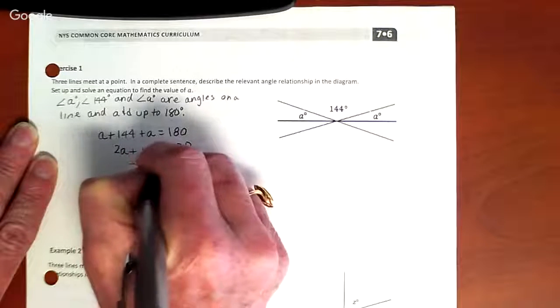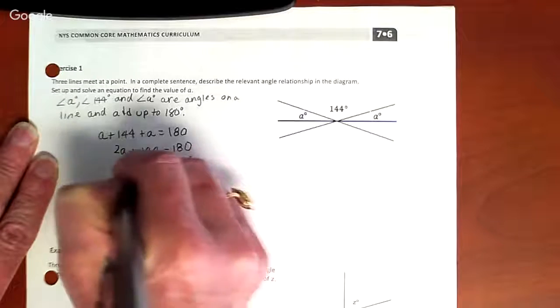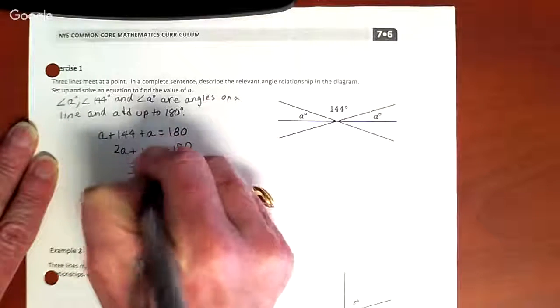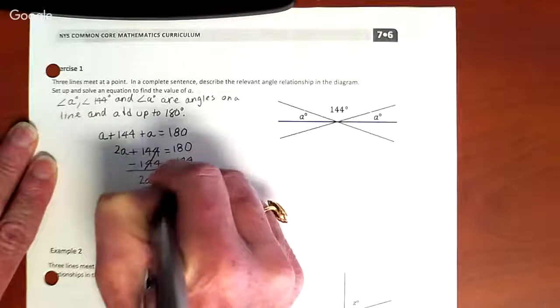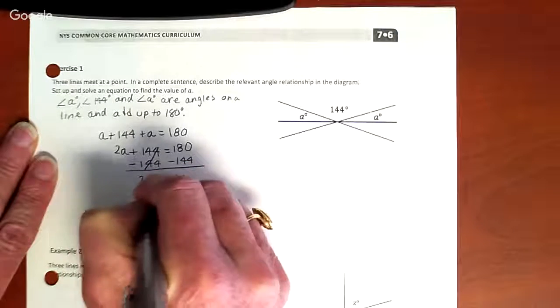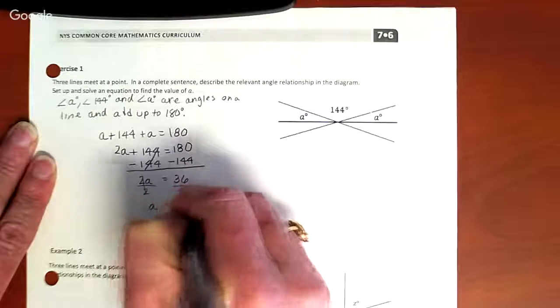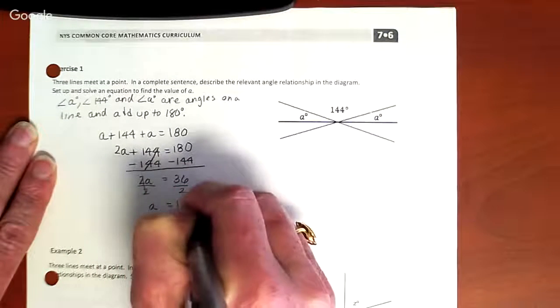Subtracting 144 from each side, we have 2A equaling 36. Divide both sides by 2. We have A equals 18 degrees.